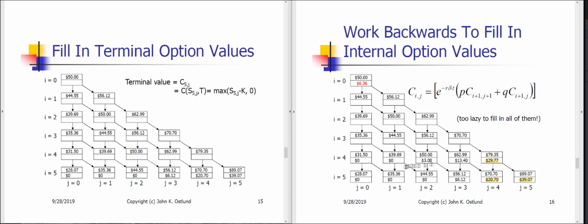The same formula applies at all the other nodes. So if the expected value of the payoff is 0, then the correct option price is 0, and so forth. You can fill all these in going from time i equals 5 all the way back to time i equals 0, and this gives us at time i equals 0, that is now, a calculated call price of $6.36.